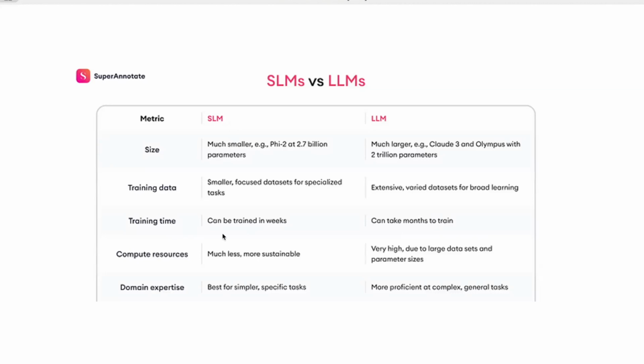And in terms of the training, SLMs could be trained in days or at most weeks, while the LLM could take months and lots of GPUs to train in terms of computing resources. In terms of domain expertise, SLMs are best for simpler and specific tasks, while the LLM is more proficient at more complex and general tasks.